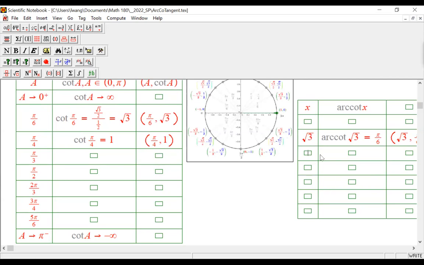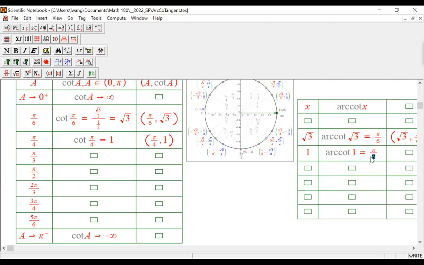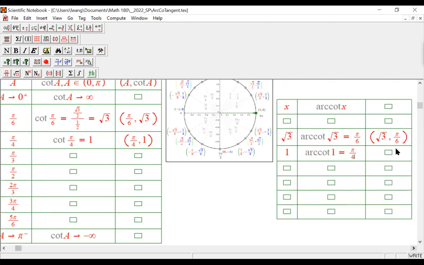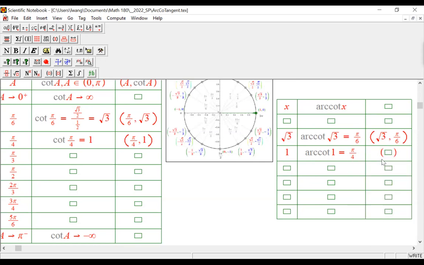And on the other side, 1 is the input. Arc cotangent 1 is going to give us pi over 4. There you go, right? We do this point by point to really experience what's happening for input ratio, and the output is pi over 4.